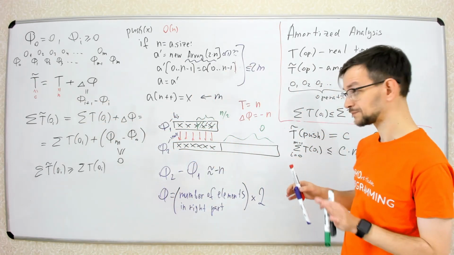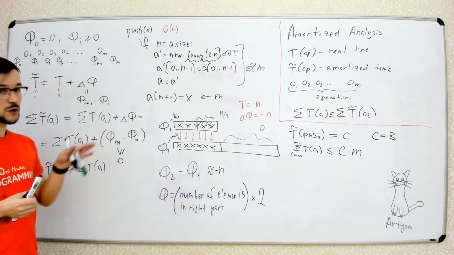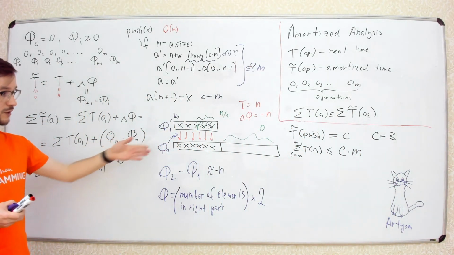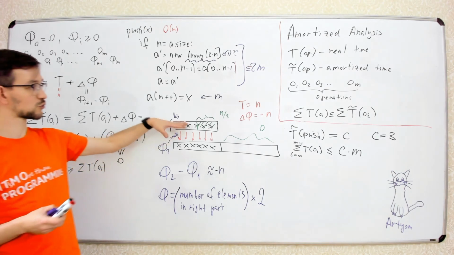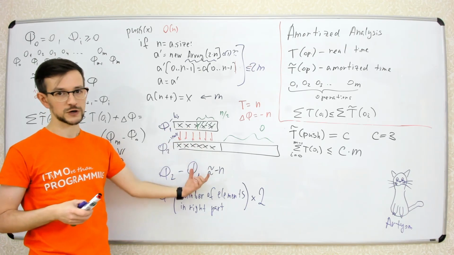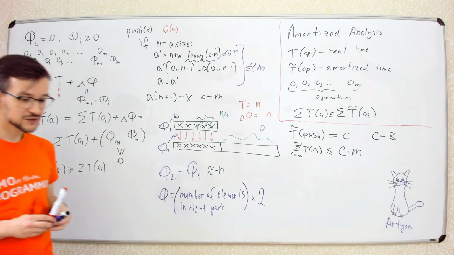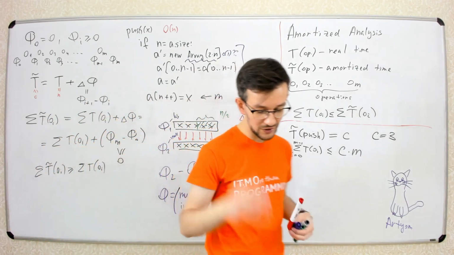Very nice technique. The only problem is to find the good potential function, and that's how you do it basically. You try to find the function which is decreasing when you make some slow operation. That needs some intellectual work.